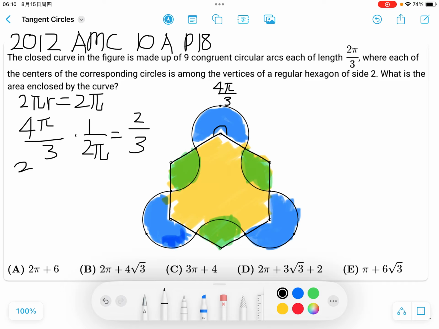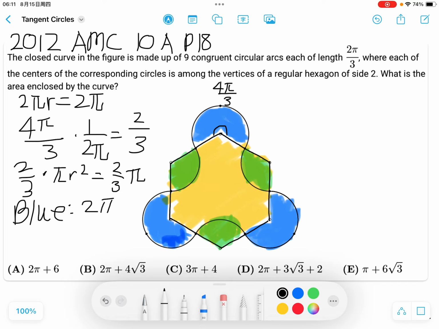times 1 over 2 pi, which is 2 over 3 of the area of the whole circle. So we can figure out the blue area. That's just 2 over 3 times pi r squared, which is just 2 over 3 pi. So then the blue area in total is going to be 3 times 2 over 3 pi, which is just 2 pi.